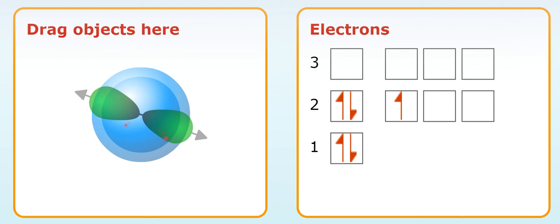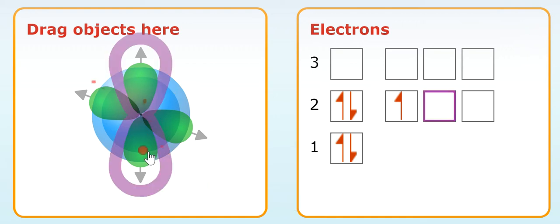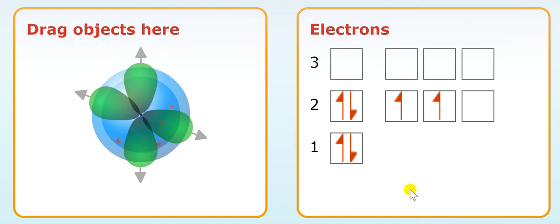And so that means I'm going to have to add a second 2p orbital. And now I'm going to add an electron to that 2p orbital that I just added. And look what happened here. We now have 1 up arrow in that second box.